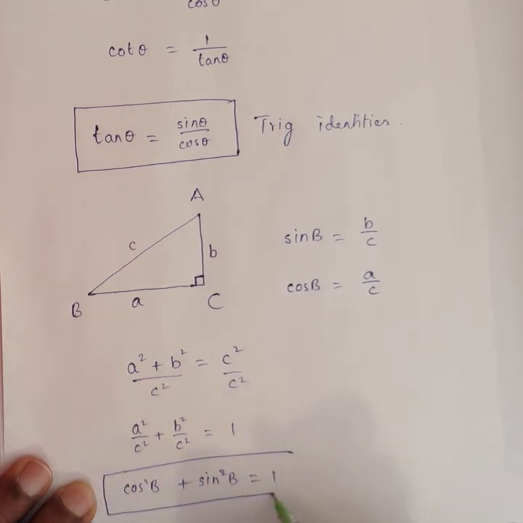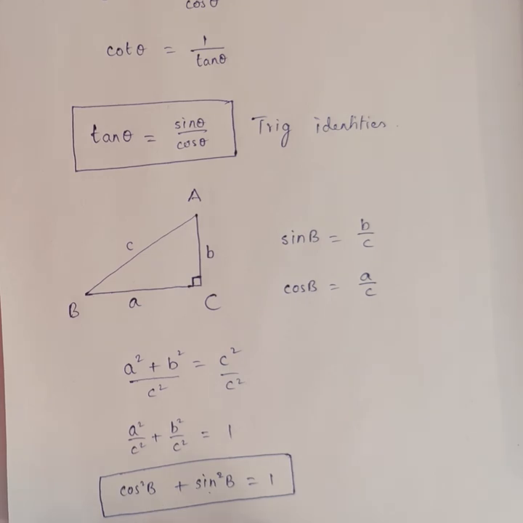We write sine square b, but what that means is it's really taking the square of sine b. Here we are taking the square of cosine b. So this is another identity which is quite prevalent. You're going to find it very useful. So cosine square b plus sine square b is equal to 1.